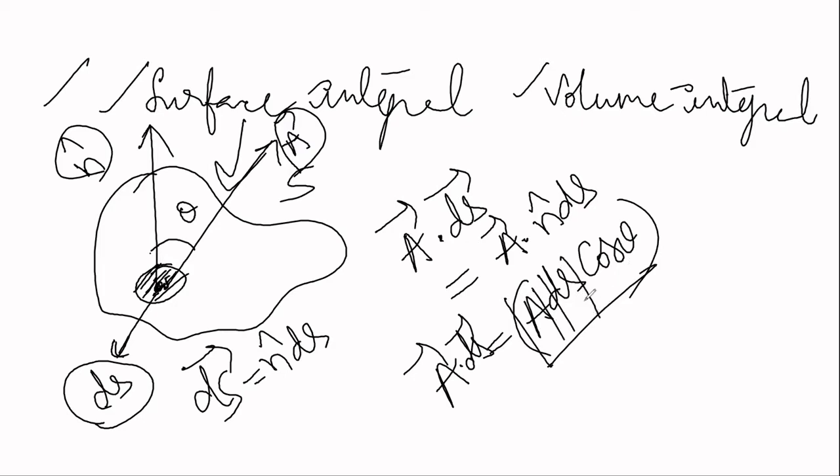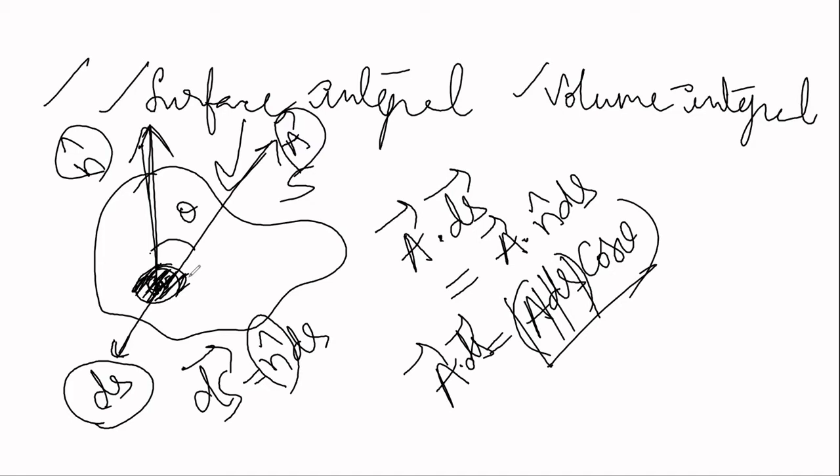This ds vector is represented by the direction n cap, that is outward, normal to the surface area ds.